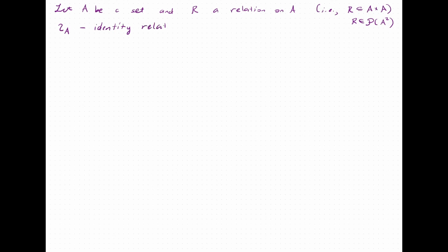The way that the identity relation is defined is that I_A is the set of all ordered pairs (a, a), where a is in A. And so we're just looking at all those ordered pairs of the form (a, a). And so that's the identity relation. If we think about this as a mapping, this is just taking a back to itself, hence the name identity.